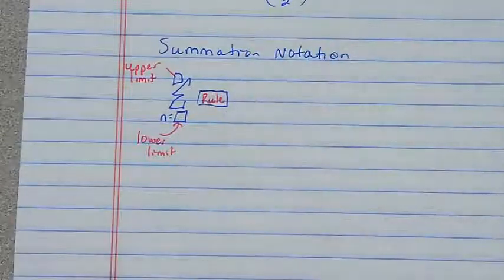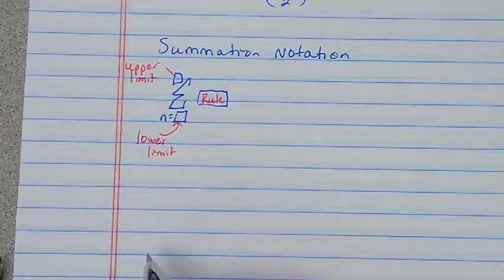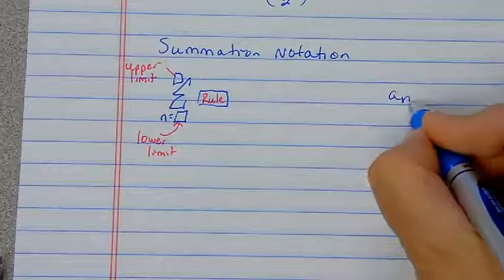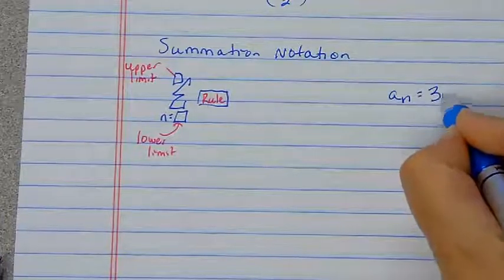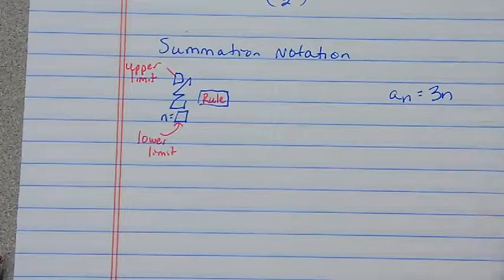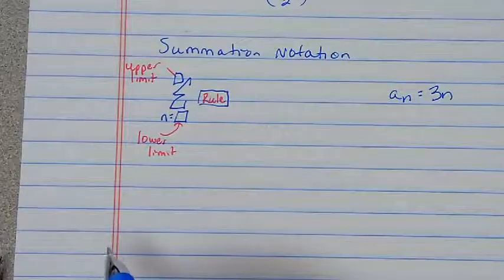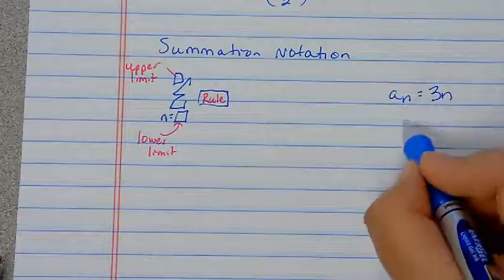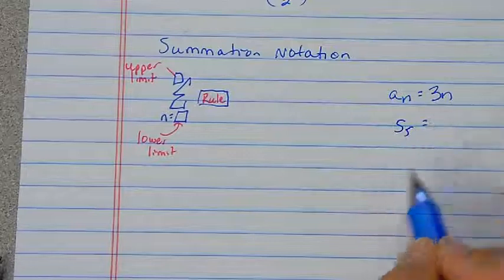So let's go back and use the rule that we had, a sub n, which is 3n, and let's use summation notation to find the sum. So we wanted to find the sum of the first 5 terms.